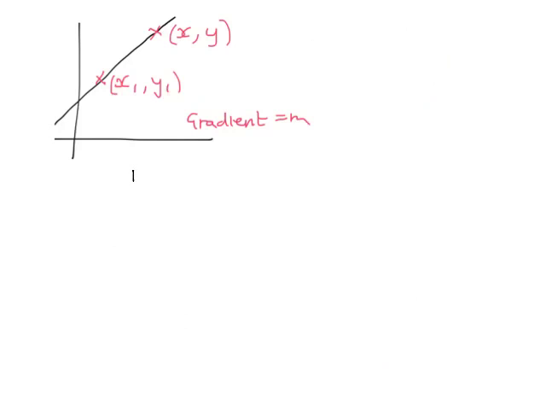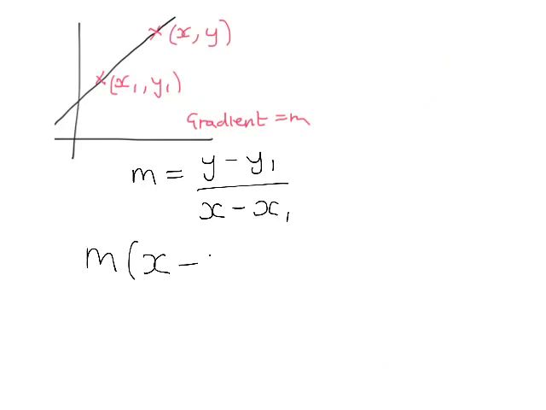So remember, m is equal to the change in y, so y minus y1, over the change in x, x minus x1. A good way of remembering this is to multiply both sides by x minus x1. So we get m times x minus x1 equals y minus y1.